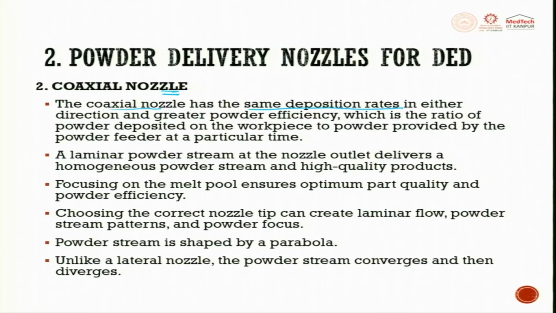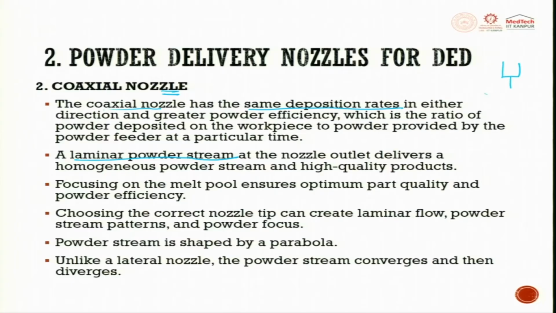A lamellar powder stream at the nozzle outlet delivers a homogeneous powder stream and a high quality product. Maintaining this is a tough problem. Next, focusing on the melt pool ensures optimum part quality and powder efficiency. What is melt pool?